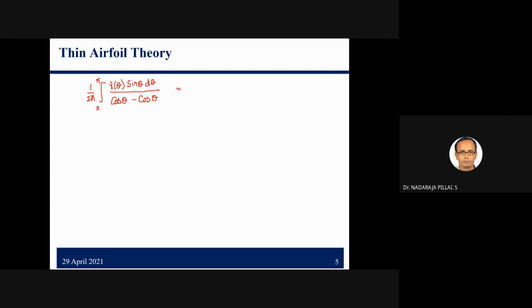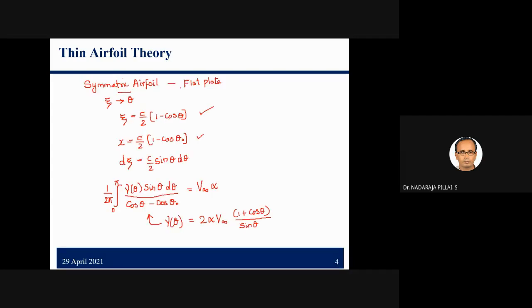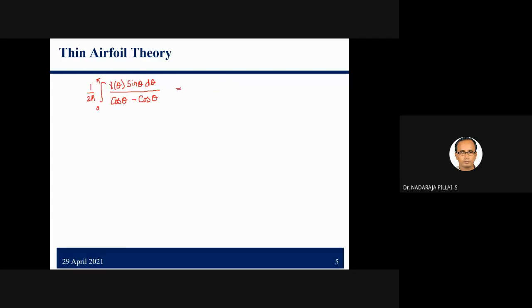Substituting gamma of theta, 2 alpha V infinity into (1 plus cos theta), I reduce this equation to V infinity alpha by pi integral 0 to pi (1 plus cos theta) d theta divided by cos theta minus cos theta naught. So here it is theta naught.